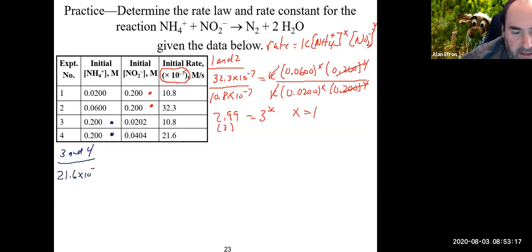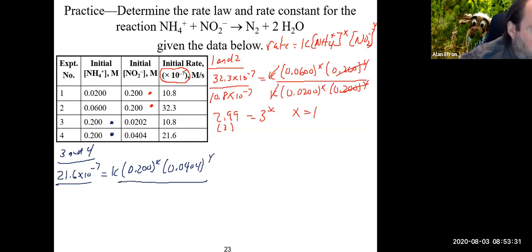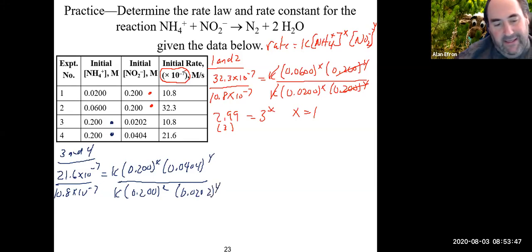So that gives me 21.6 times 10 to the minus 7 equals K, 0.2 to the X, and 0.0404 to the Y. Down there on the bottom is going to go everything from number 3, which is 10.8 times 10 to the minus 7, K, 0.2 to the X, and 0.0202 to the Y. Again, dividing these out, 21.6 divided by 10.8 gives me a 2.